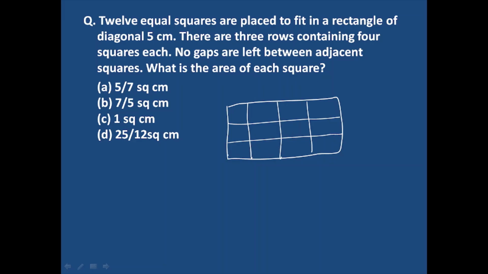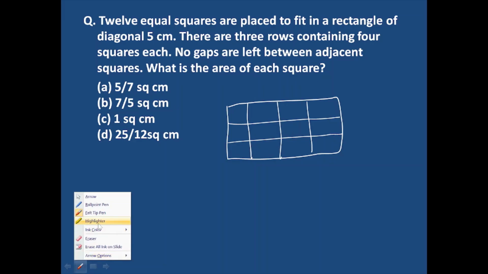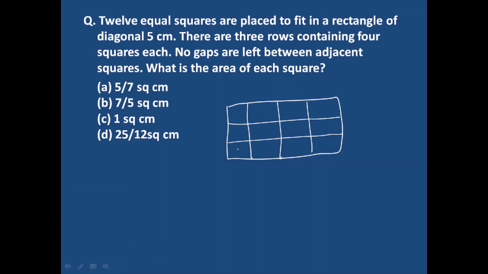So now the diagonal is 5 centimeter. This is the diagonal, and this is your 5 centimeter. We are supposing that this is 4 units, and this is 3 units.